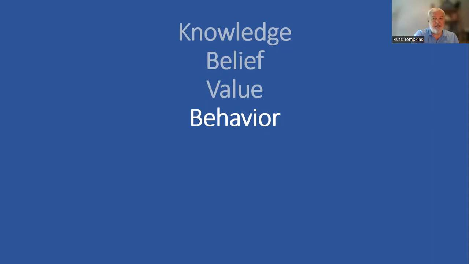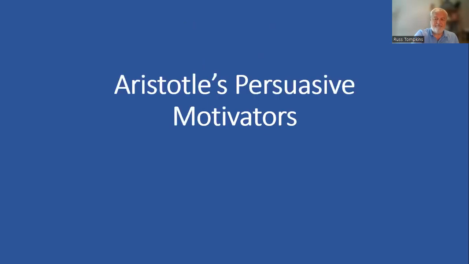Is their level just on the knowledge level because they don't know very much, if at all, anything about your topic? Then you're going to be pretty much stuck there on that level. But if they do know something or a lot about your topic, you go to the next level of belief. After you examine that, go to the next level of value. And then finally, what is the behavior of your audience?